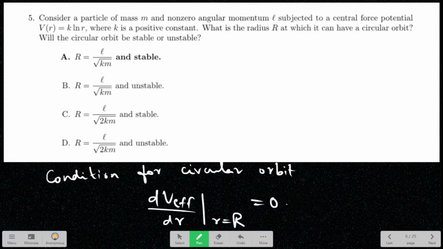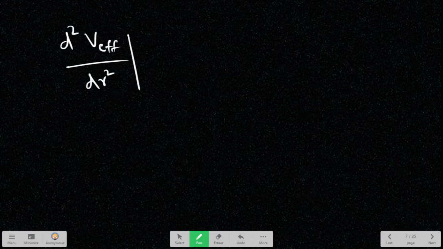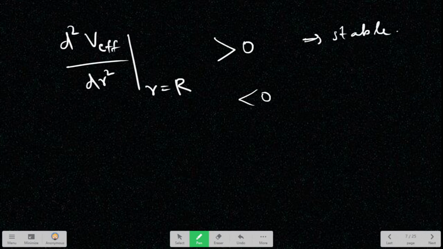Now there is a second question, whether the circular orbit is stable or unstable. To check stability, we compute the second derivative. So we take d square V effective upon dr square at r equal to capital R, and if it is greater than 0, then this implies stable. If this quantity is less than 0, then the circular orbit is unstable.